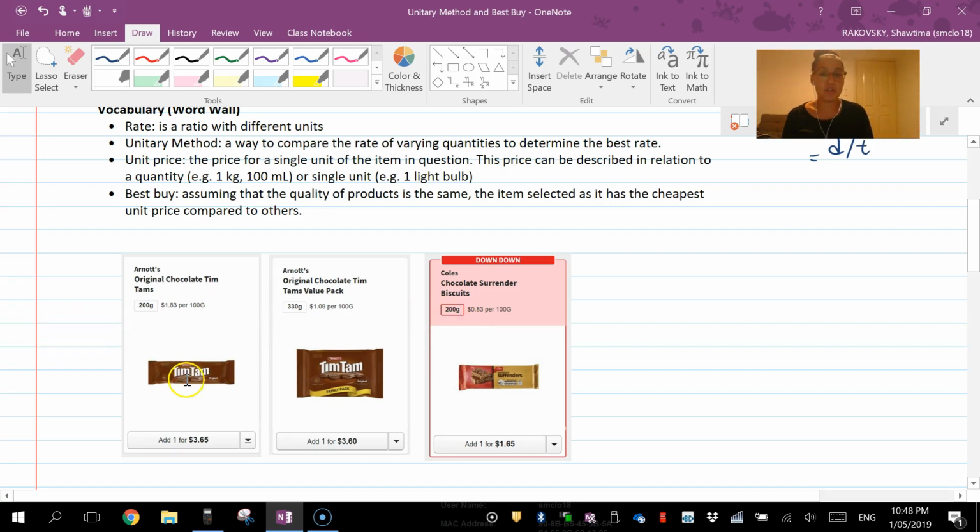We're going to assume that the quality is the same between the two types of brands, but you can see here that you've got a different pack quantity, 200 grams, 330 grams, and the pack price is actually, so even just looking at the two Tim Tams here, this pack price, even though it's $3.60, $3.65, this one here is cheaper per 100 grams because $1.09 is less than $1.83. So we're actually going to look at the mathematics behind that. And even here, you can see, even more so, this one's even cheaper again, assuming that the quality of the biscuits is comparable, so they're the same.